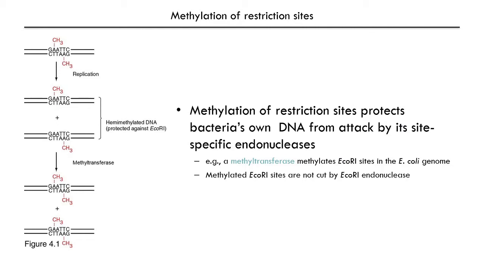There are other cases where the situation is reversed, in that the restriction enzyme recognizes the methylated DNA and not unmethylated DNA. But what is shown here in this slide is a common example of how bacteria protect their own DNA from endonucleases. Restriction enzymes and methyltransferases make up the two-part system known as the restriction modification system.